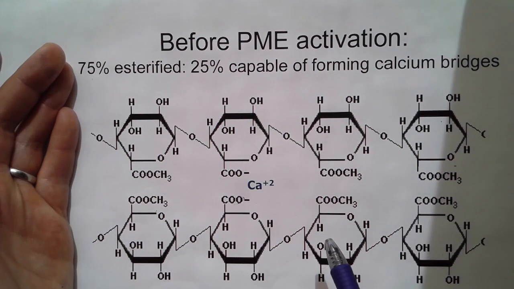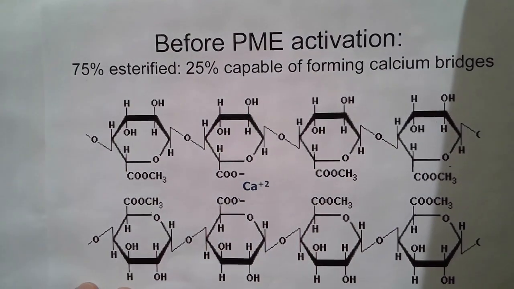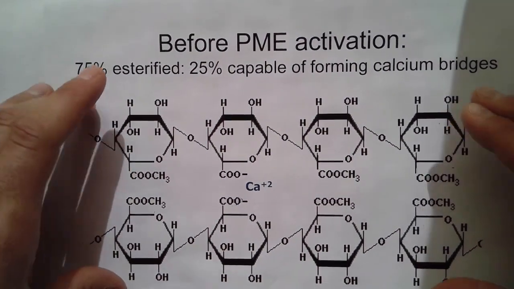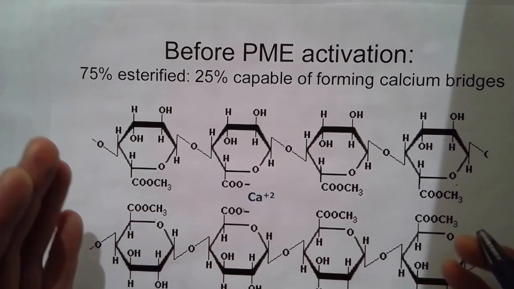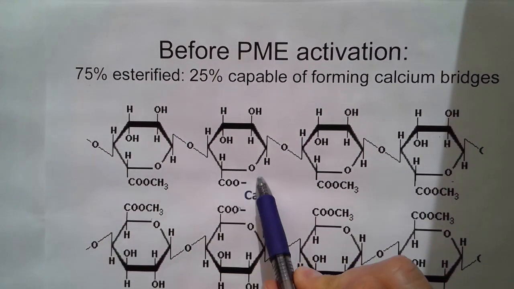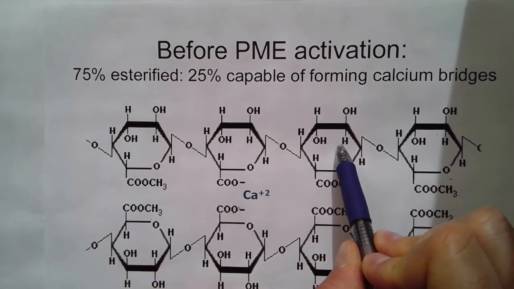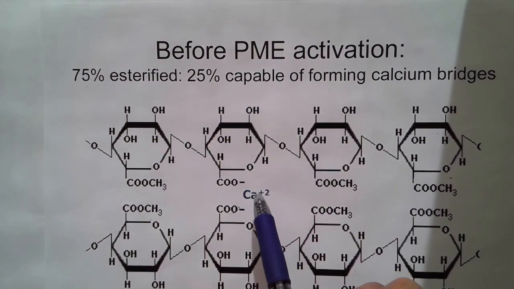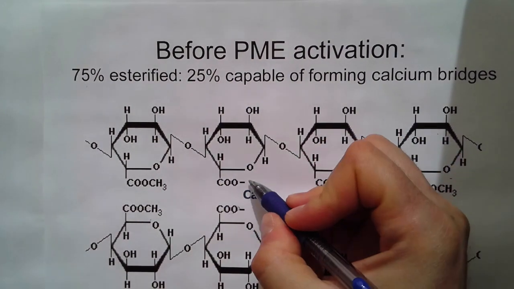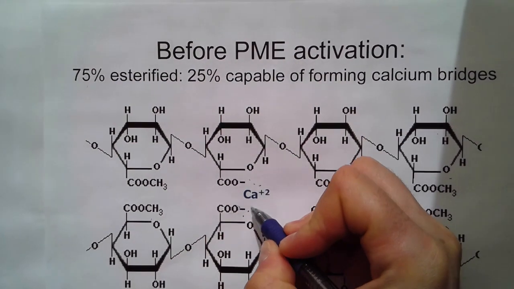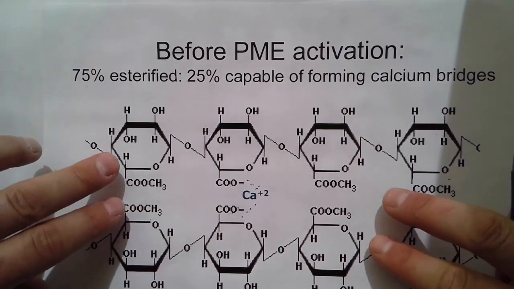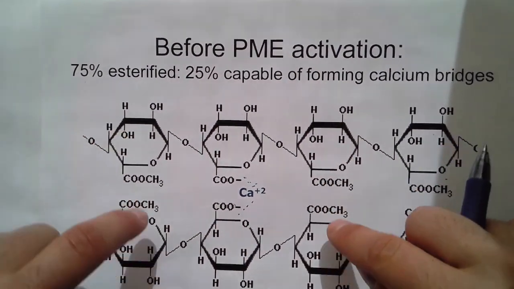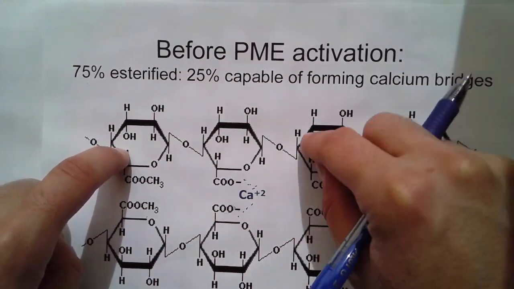So if you were to add calcium chloride to a tissue that had this kind of pectin profile, you only really have one opportunity, at least in this slide, to cross-link these two different pectin molecules. So here calcium comes in, it's able to electrostatically form these cross-links to calcium here, but calcium has no way to interact with these molecules here.